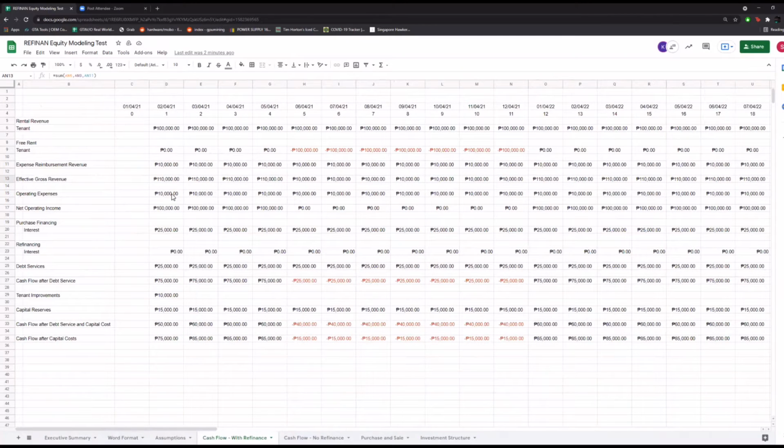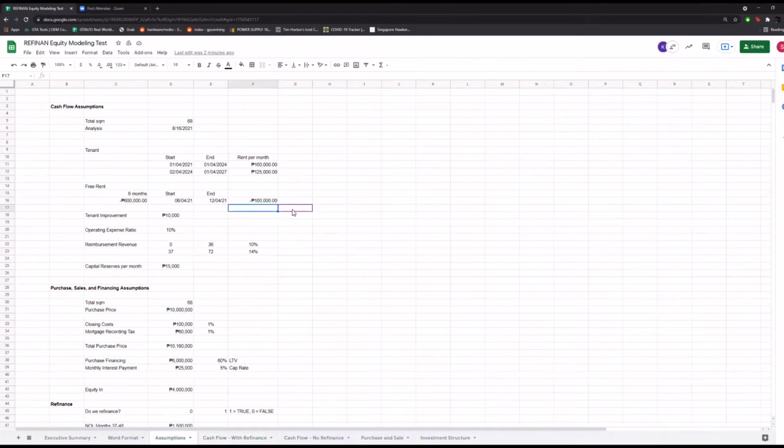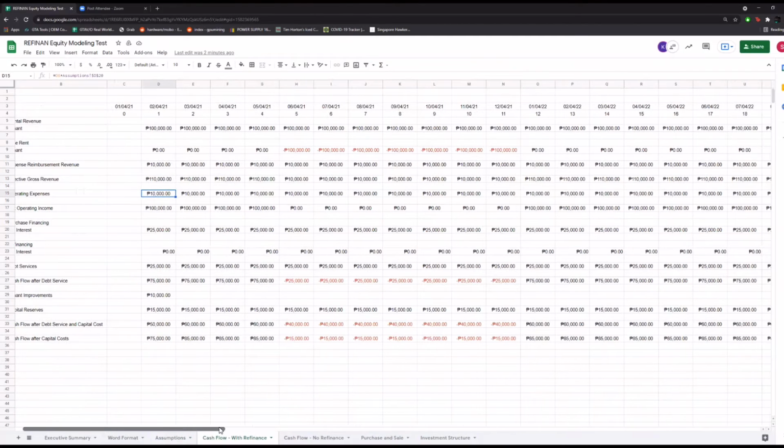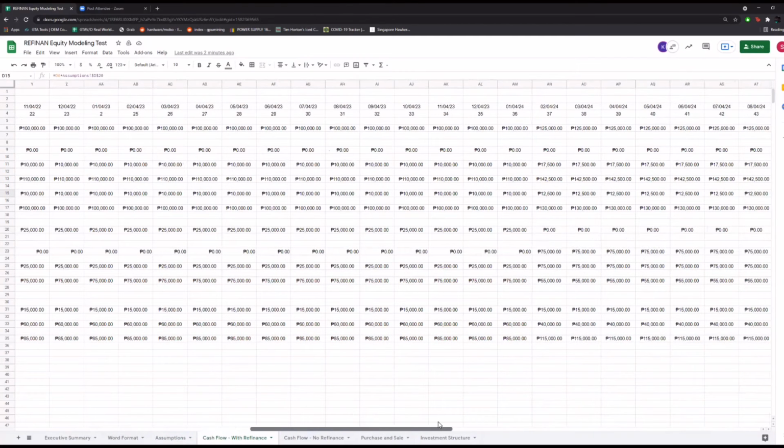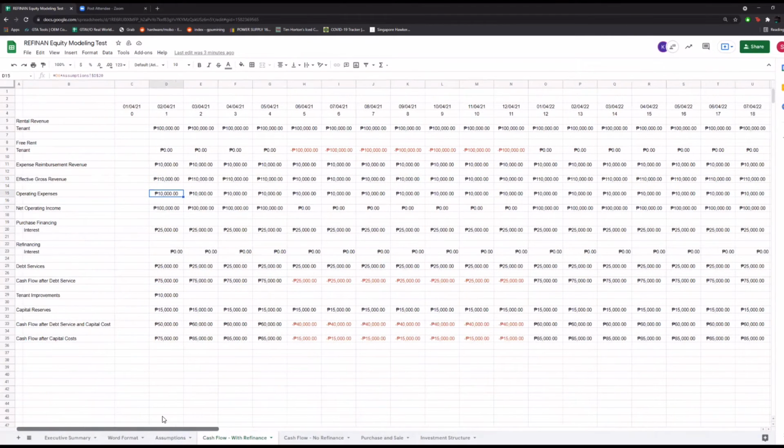For operating expense, it's 10,000. This is because we multiplied the rental revenue by D20 of assumptions, which is the operating expense ratio. So it's 10,000 until the 36th month, and it's 12,500 all the way from the 37th to the 72nd.